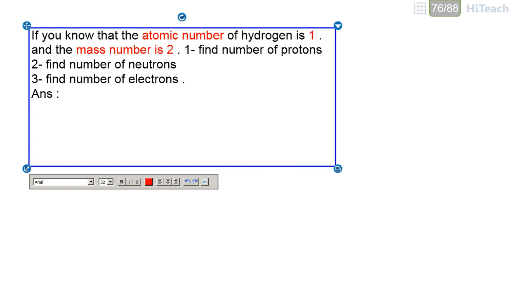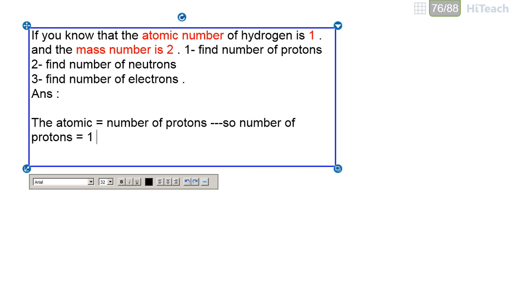We know that the atomic number equals what? The number of protons, right? So from this, the number of protons equals 1.